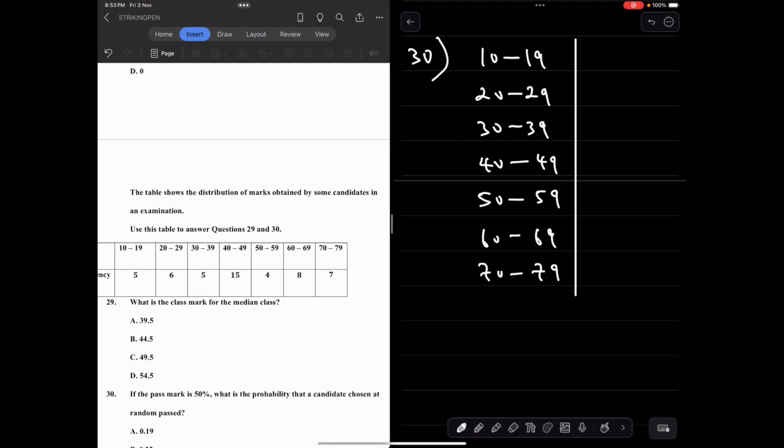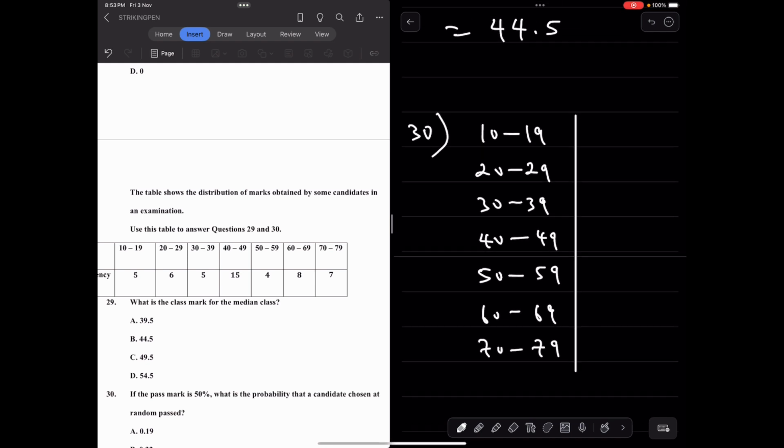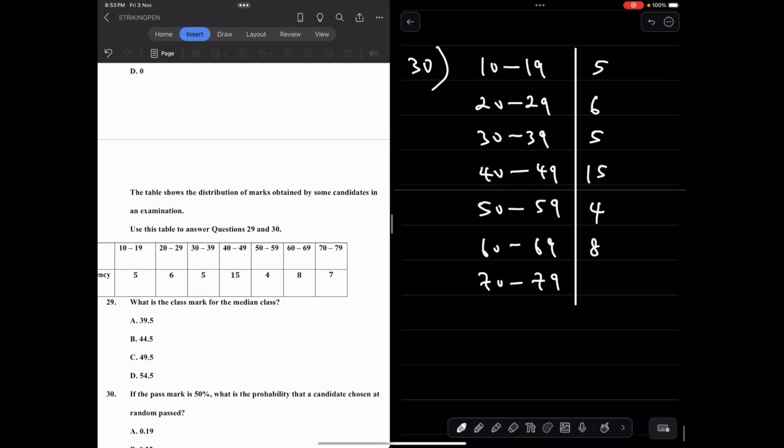Those are the marks, and the frequencies are 5, 6, 5, 15, 4, 8, 7.